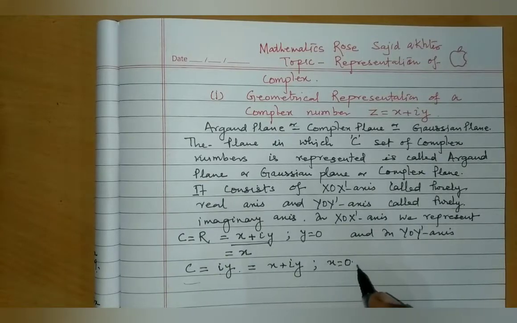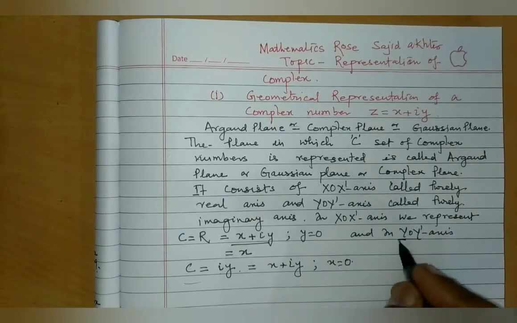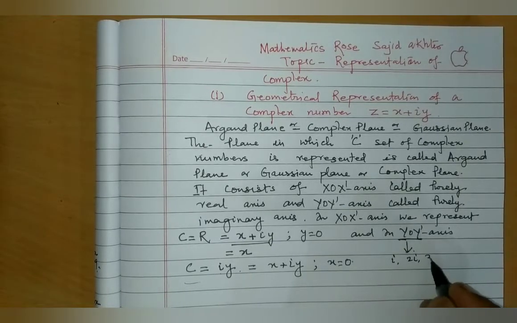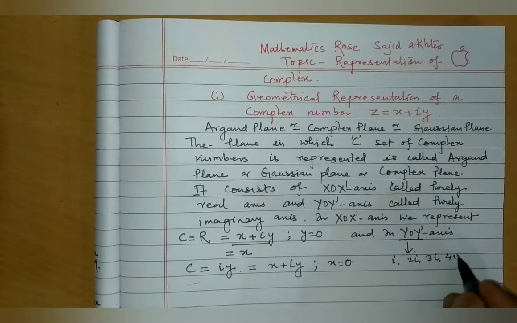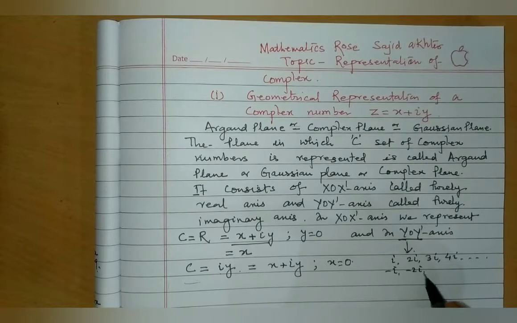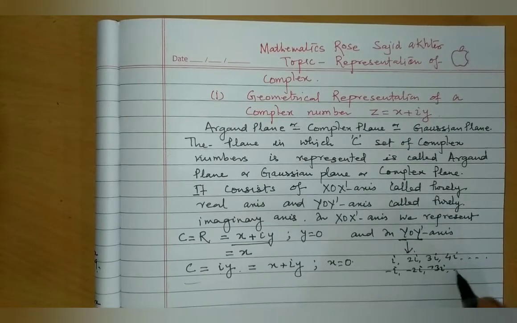So in this axis, y dash axis, we represent only i, 2i, 3i, 4i, and so on, and minus i, minus 2i, minus 3i in the negative side.